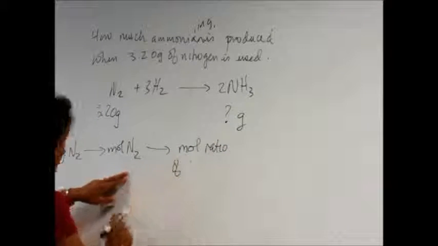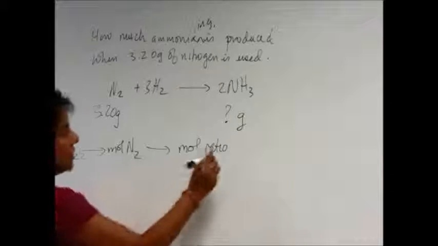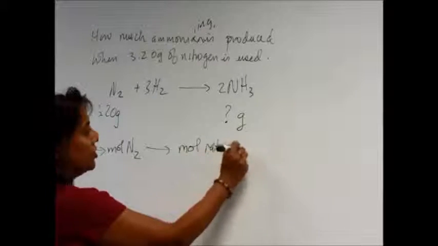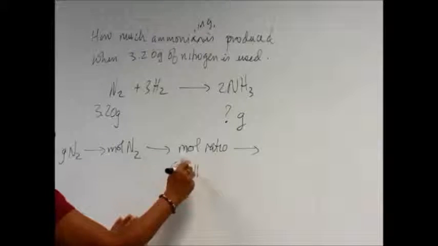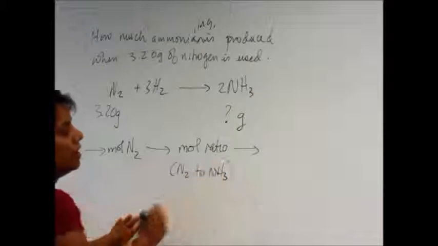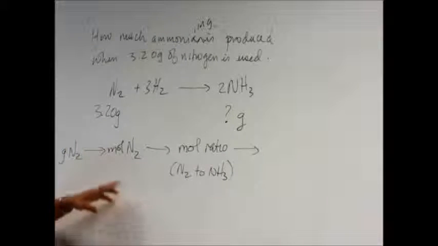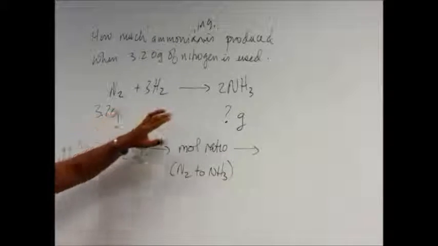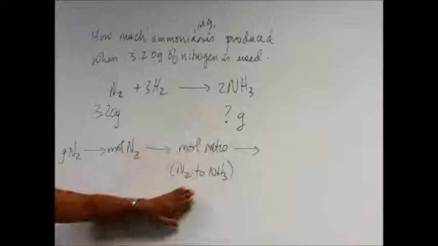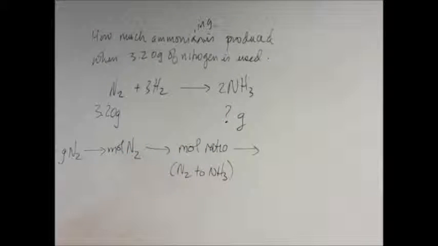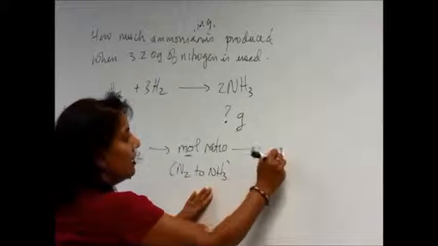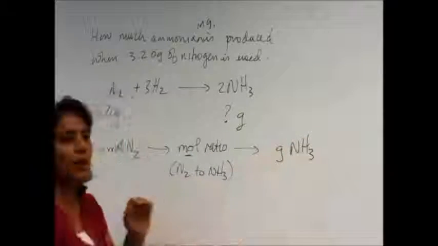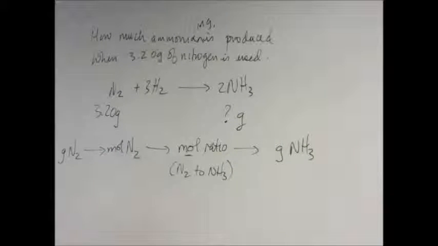In this specific case, it's going to be nitrogen to ammonia, because my question is between nitrogen and ammonia. And then once I have this mole ratio, I'm still in moles, so I'll have to calculate grams of ammonia. That's my strategy.